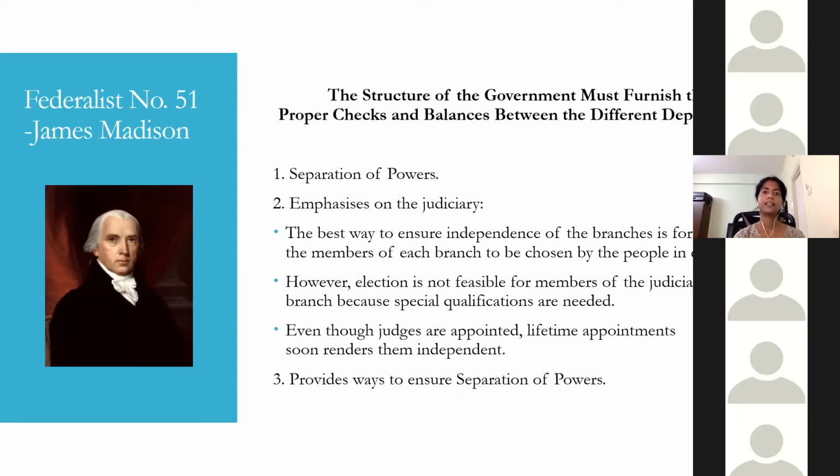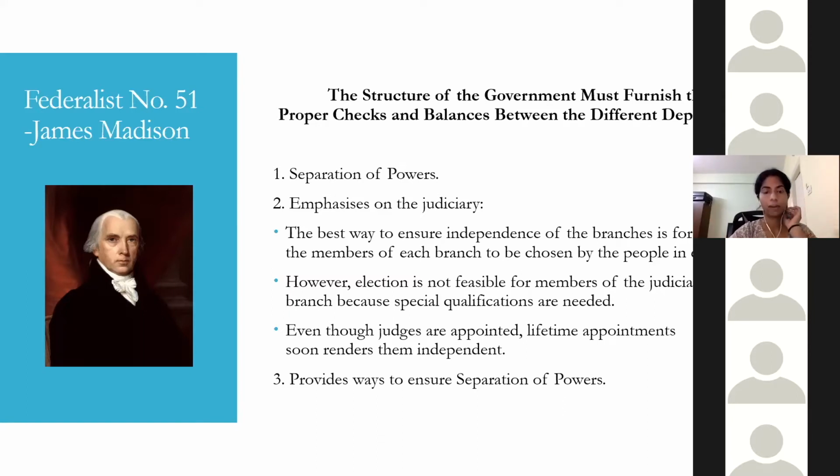However, he says that the judiciary might not follow this principle because the constitution of the judiciary would require people with peculiar qualifications, and only people with these qualifications can be essential members of the judiciary. But he also states that the permanent tenure that the judicial members have in America will sort of destroy any sense of dependence that they have on the authority that confers that power on them.